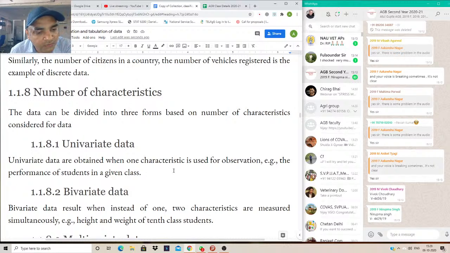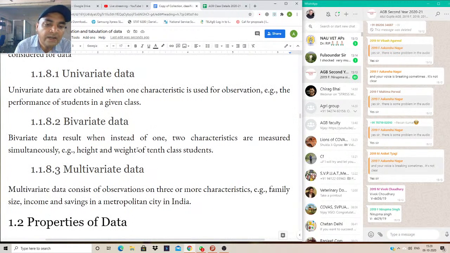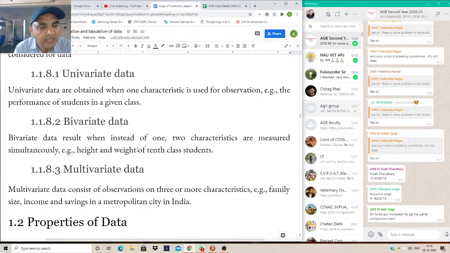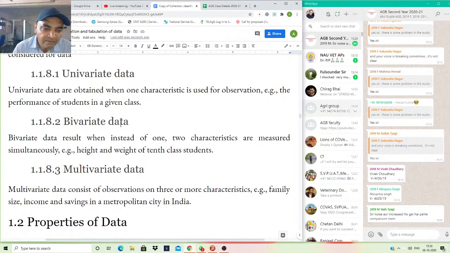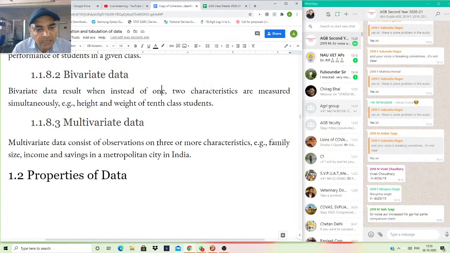If along with the height, I am measuring the weight of the students also, that will be bivariate data. But if along with the weight, I am also counting the CGPA of the students, that will be multivariate data. So if there is one variable in the data, it is univariate data. If there are two variables, like height and weight, then it is bivariate data. And if there are three or more characteristics, then it is multivariate.